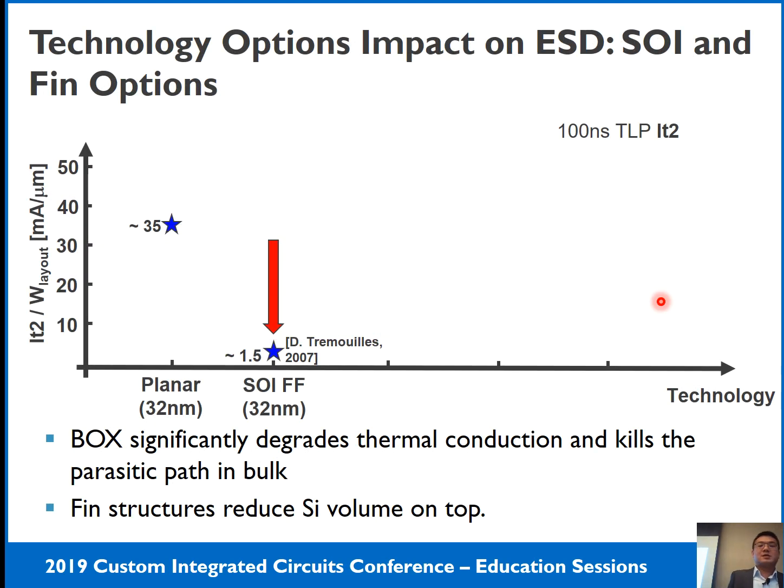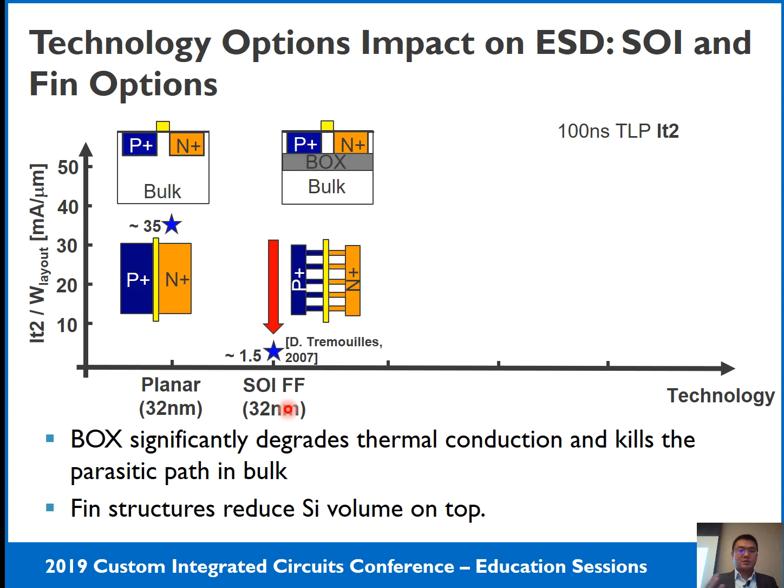In the following slides, the 100 nanosecond TLP IT2 is the failure current normalized by the layout width. It's used as an ESD diode performance index. When the technology moved from planar to SOI FinFET, the ESD diode performance dropped more than 20 times.